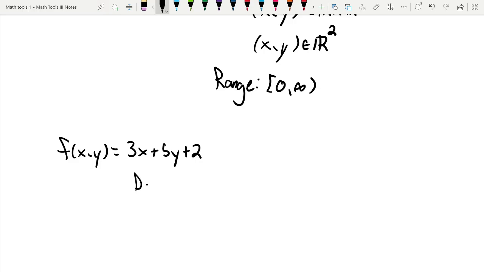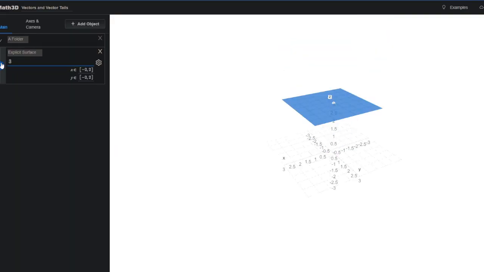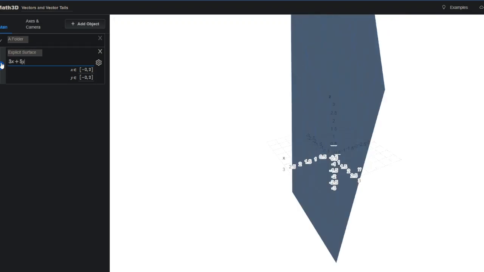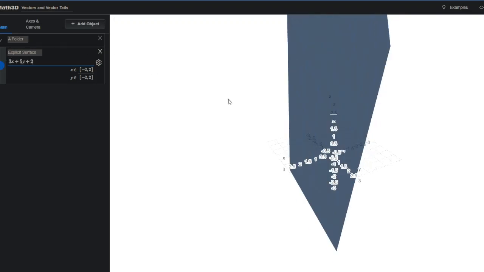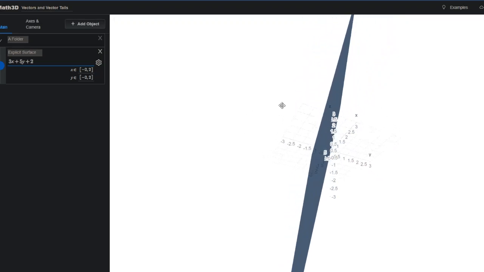So the domain and the range we expect to be the real numbers here. So this would be R2, and the range would be just R. If we look back at that, this is 3x plus 5y plus 2. Then if you get the angle right, you can see that this is now a plane.